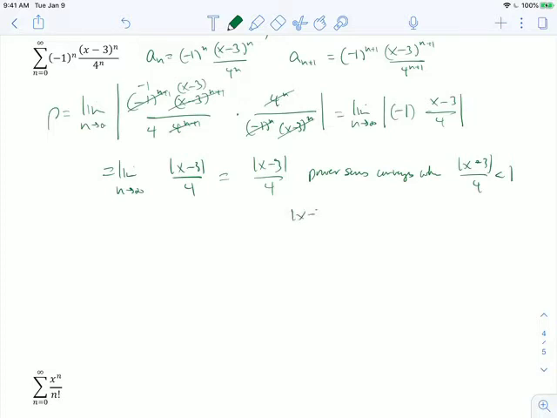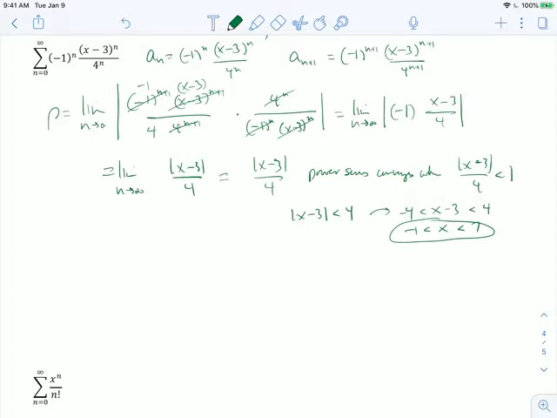Again, I can write this in this way, and then I'm a big fan of converting this into an inequality that doesn't involve absolute value. If the absolute value of x minus 3 is less than 4, that means the expression inside the absolute value symbols, x minus 3, must be between negative 4 and 4, and then I can add 3 everywhere and get that x has to be between negative 1 and 7.